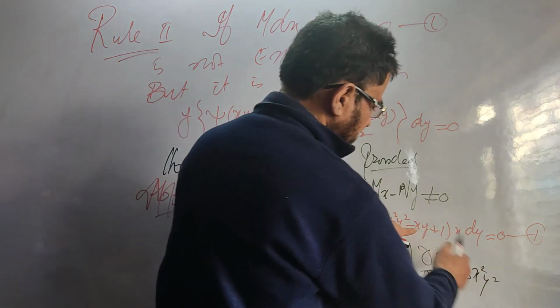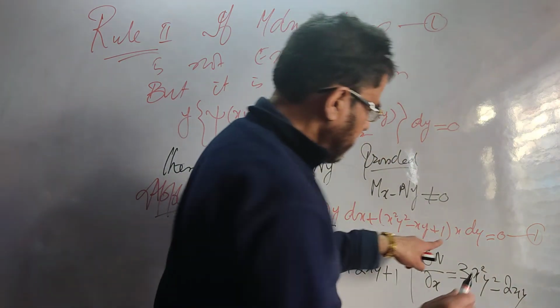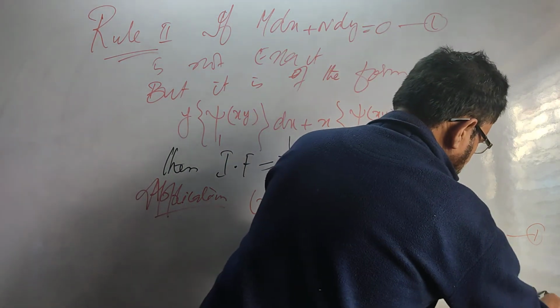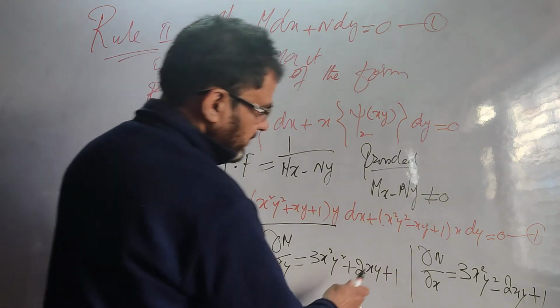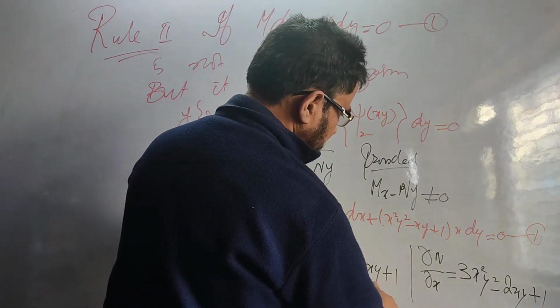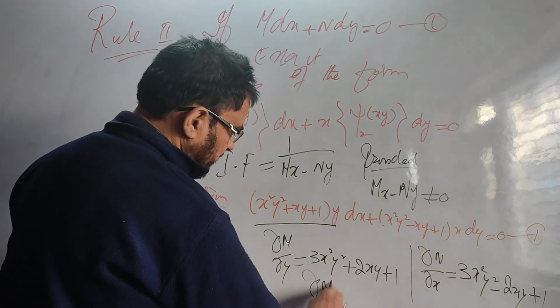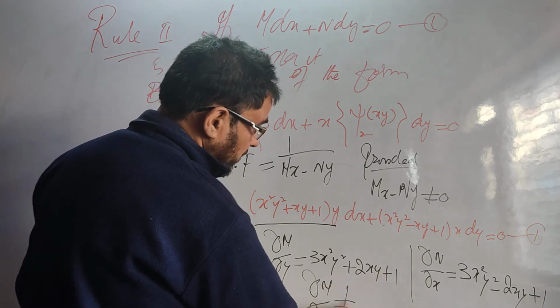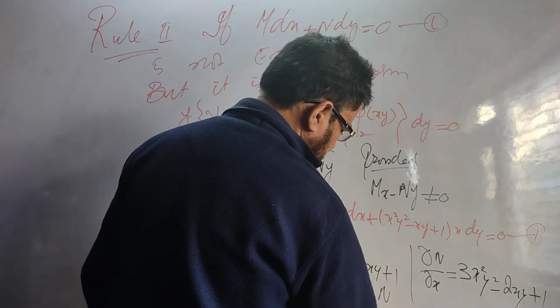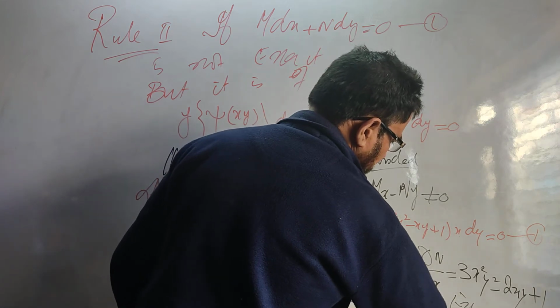Then minus 2xy, and differentiating x gives 1. You see these two are different: 3x square y square plus 2xy plus 1, but 3x square y square minus 2xy plus 1. So the partial of M with respect to y is not equal to the partial of N with respect to x. It is not exact.